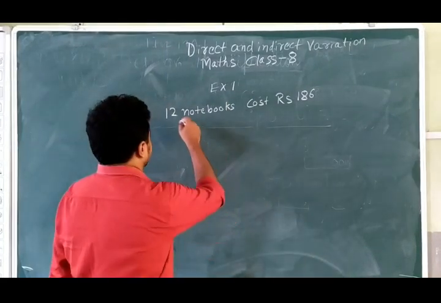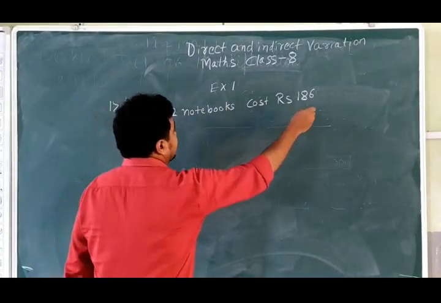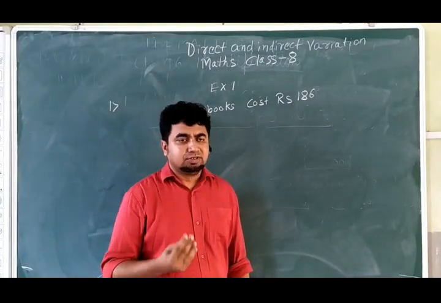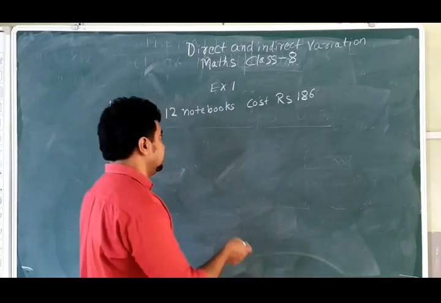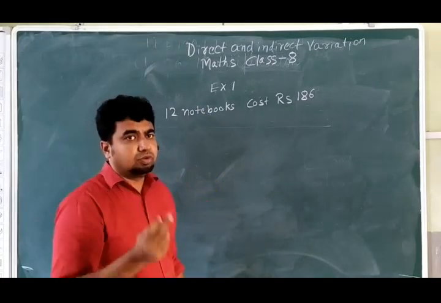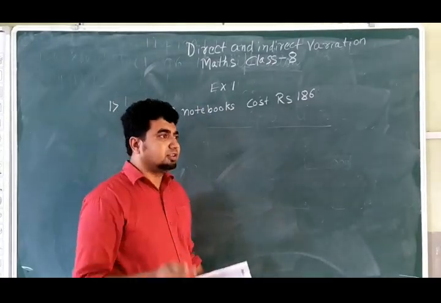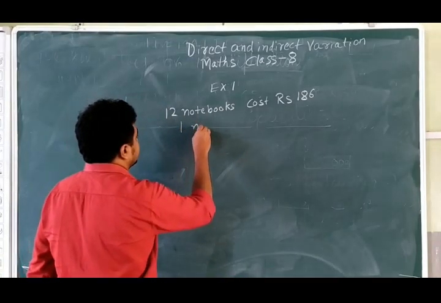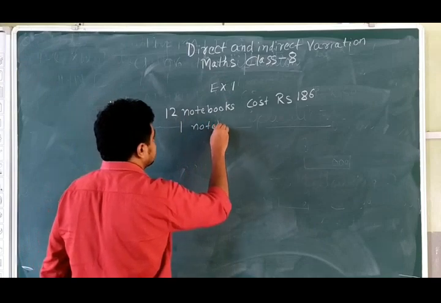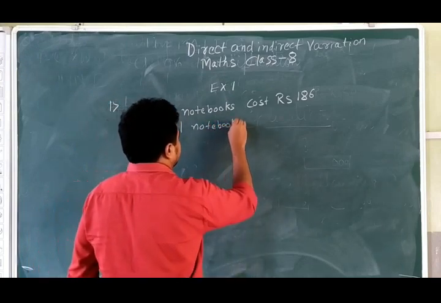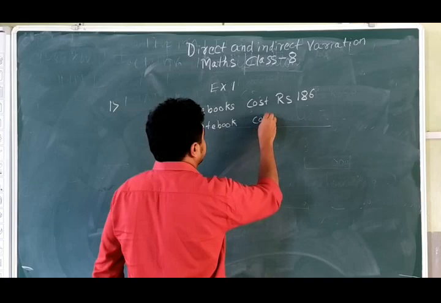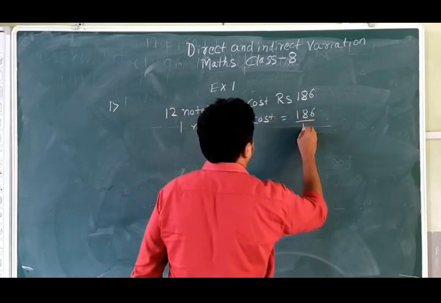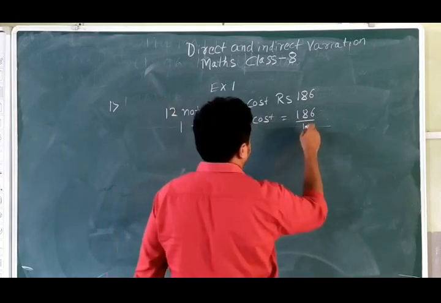So same thing is there. 12 notebooks are costing rupees 186. Our thinking is to recognize that we should be finding the cost of one notebook, and with respect to that we can find the other quantities. So the cost of one notebook will be equal to 186 divided by 12.